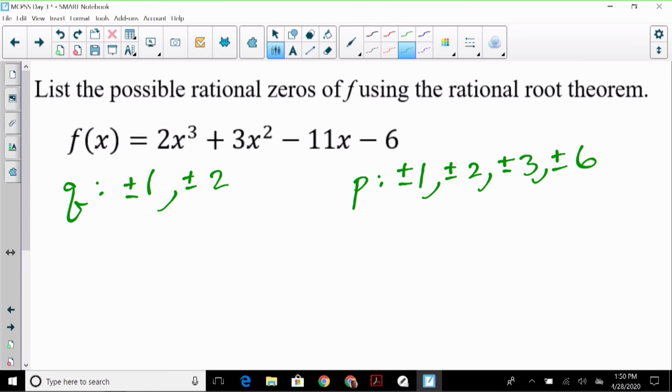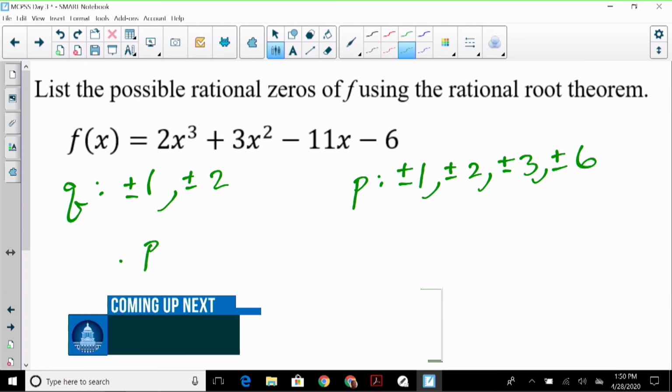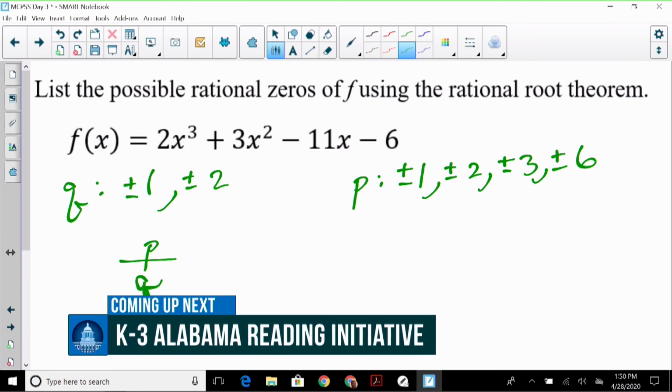So the possible rational zeros would be p over q, all of these divided by 1, so they would be themselves. Plus or minus 1, plus or minus 2, plus or minus 3, plus or minus 6.